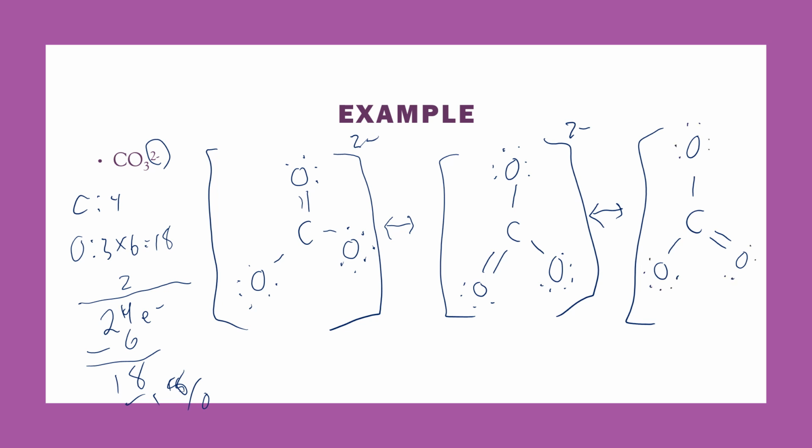The one with the double bond should only have 2 lone pairs. We're running out of space. So those are your 3 resonance structures for carbonate. And remember that the actual carbonate molecule will kind of be an average of the 3 because those electrons that are in that pi bond are delocalized. They're free to move around the whole molecule, lending it extra stability.